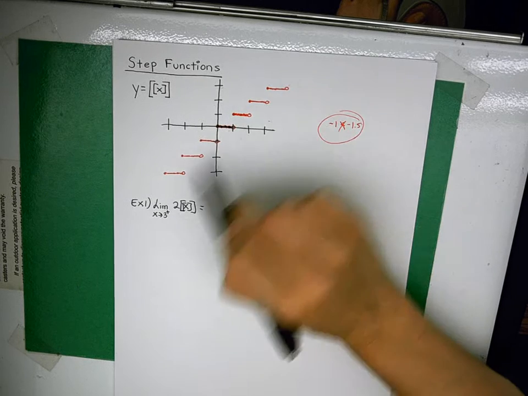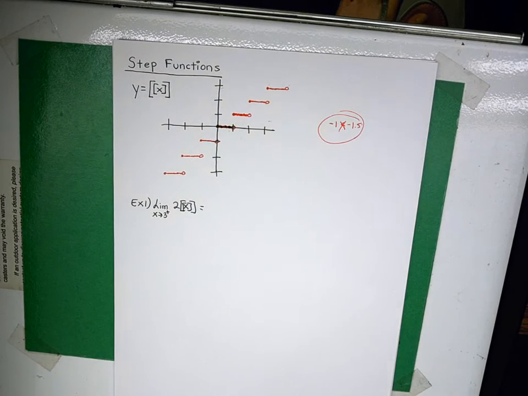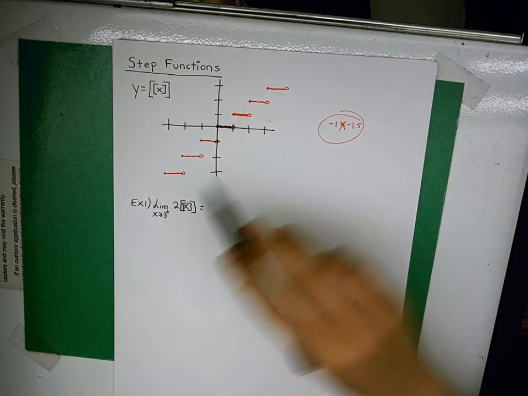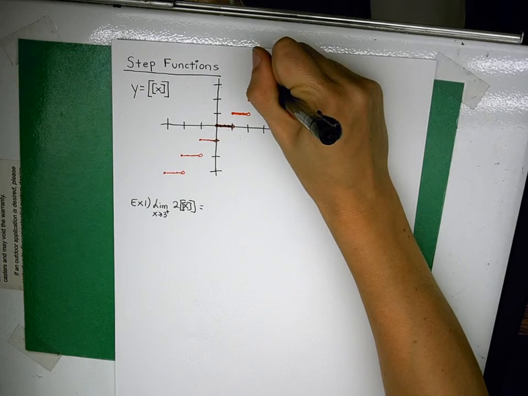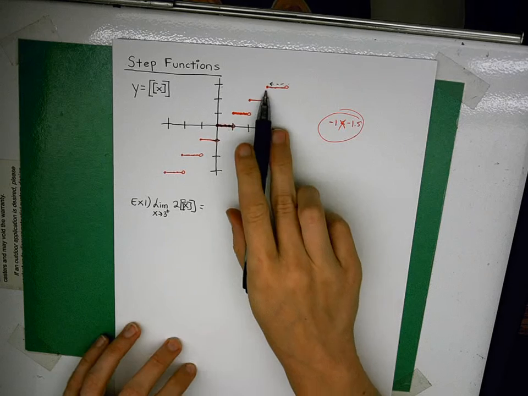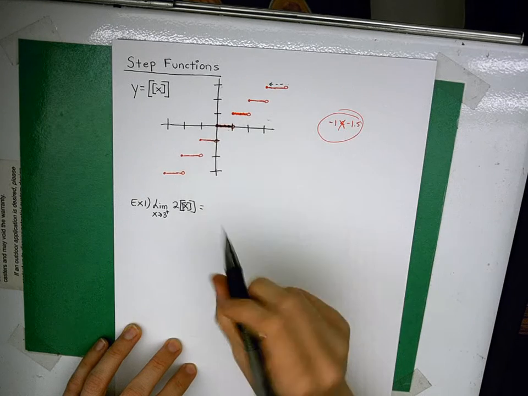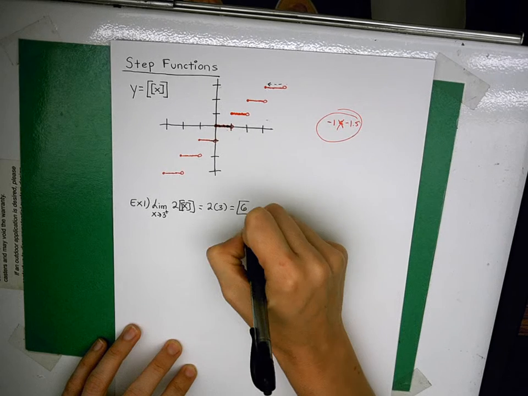And so depending on what direction they give me, or what, I should say, starting place they give me, it's going to change what number I'm using in solving this limit and evaluating this limit. And so if I'm looking from the right, that's this function here, so that's what's approaching from the right, and that is at 3. And so this is going to be 2 times 3, which is 6.